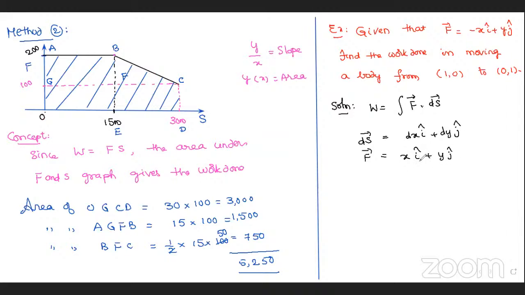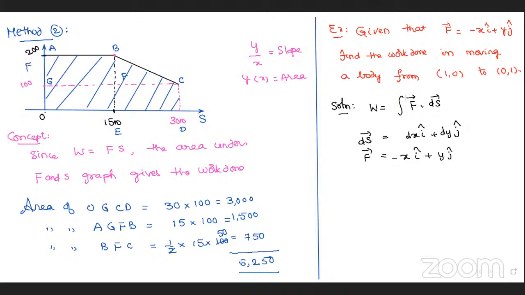Here I wrote x i cap plus y j cap. This is i cap only, not j cap. Oh, minus x. Okay, okay. Thank you. Minus x i cap plus y j cap. Right, right. Then accepted here.